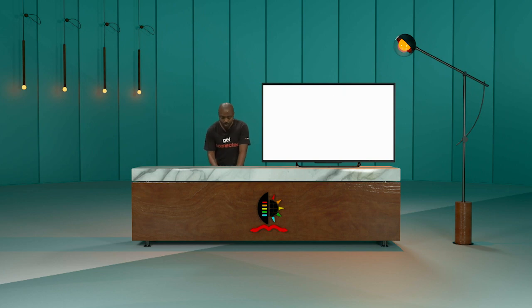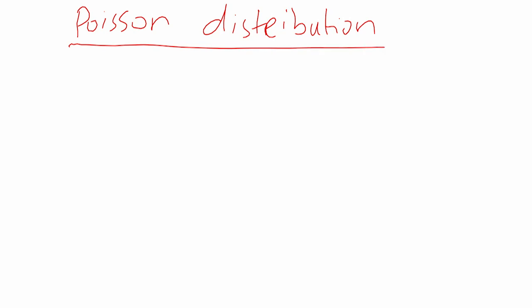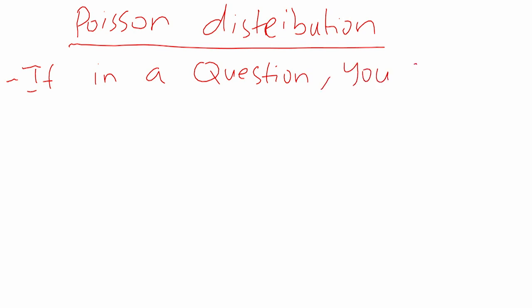Okay, now let's talk about Poisson distribution. Poisson distribution, right? Again, what do you need to understand about Poisson distribution? If in a question you are only given an average, then you're dealing with Poisson distribution.